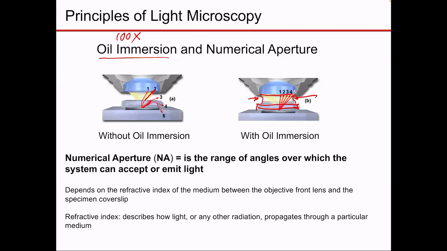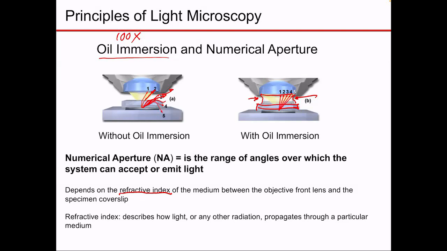When the light passes through these two media that have a different refractive index, refraction is going to happen, and some of the light passing through the specimen is going to be lost. That information is not going to be collected by the lens as a result of that refraction.